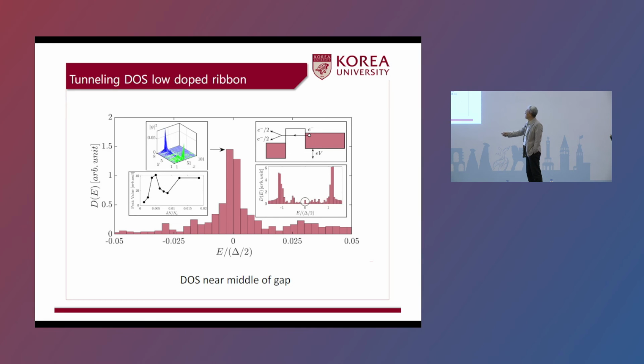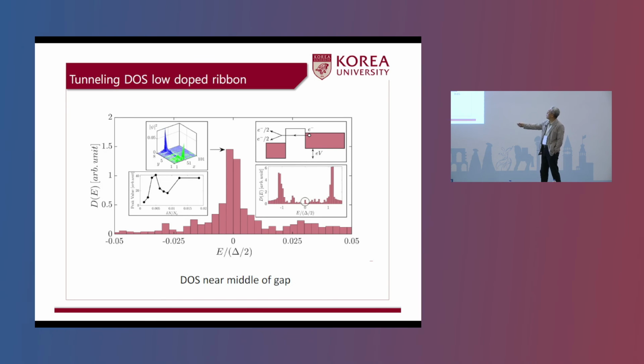In this case, you see that it shows very strong nonlinear behavior, and I don't know any other system in condensed matter that shows this kind of nonlinear behavior as a function of doping level. What's happening is if you put in too many electrons, if you dope it too much, then fractional charges no longer exist. So I believe that this would be very strong evidence for the existence of fractional charges.